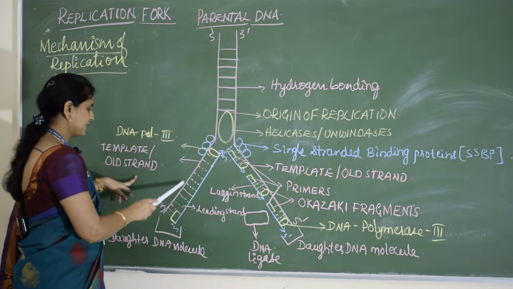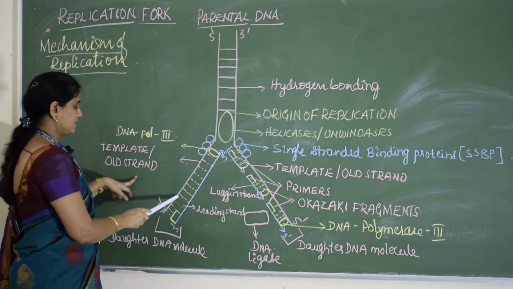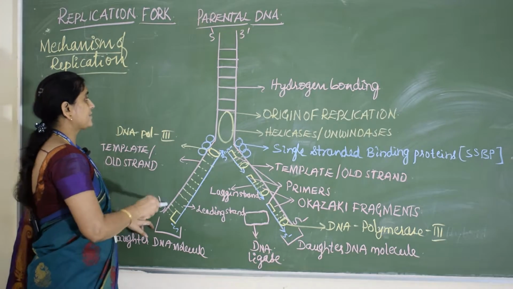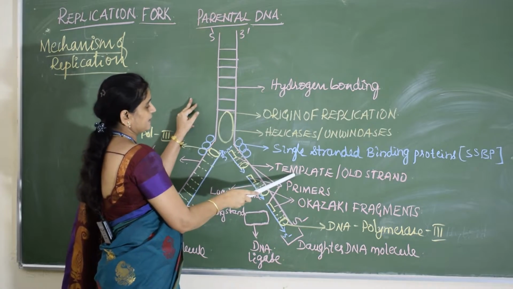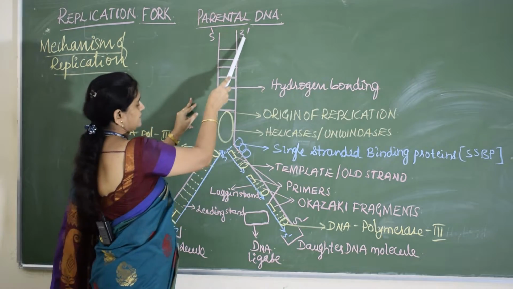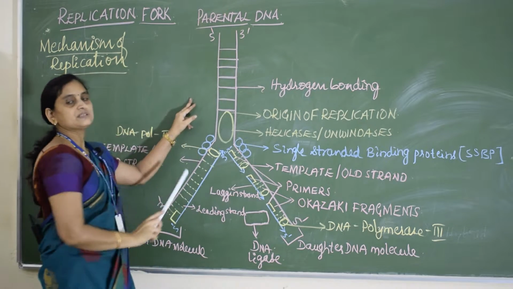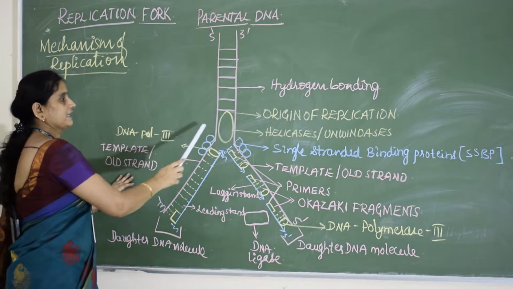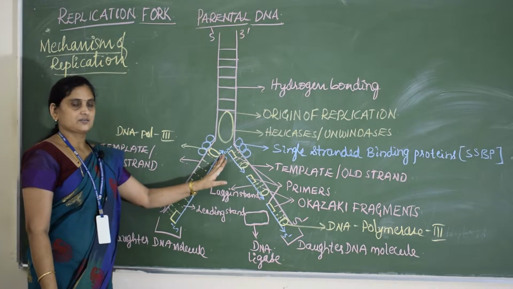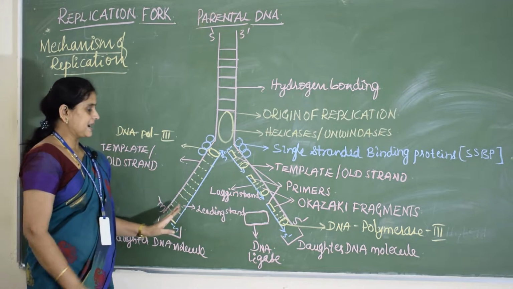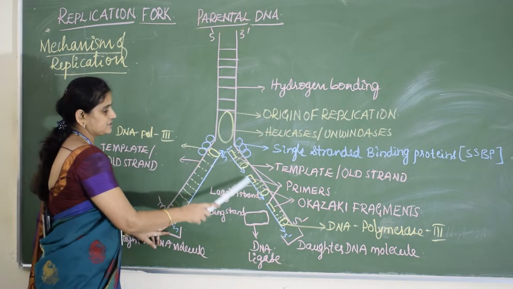The template on this side will be in 3' to 5' direction, whereas on the other side the template is in 5' to 3' direction. On each template strand, DNA polymerization occurs.